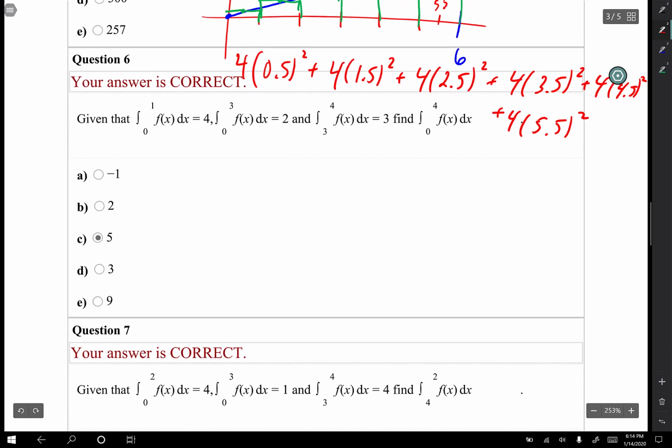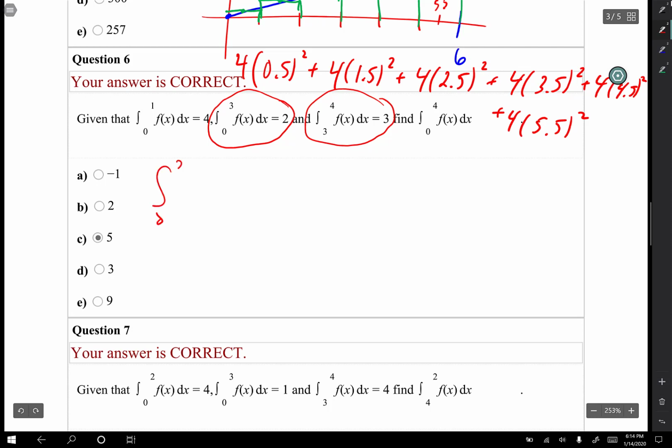These are the kind of fun ones. The area between 0 and 1 of f of x is 4, 0 and 3 is 2, 3 and 4 is 3, and then I'm going to find 0 to 4. In order to find the area between 0 and 4, I'm going to have to use this one and this one, because where this one stops, this one continues.